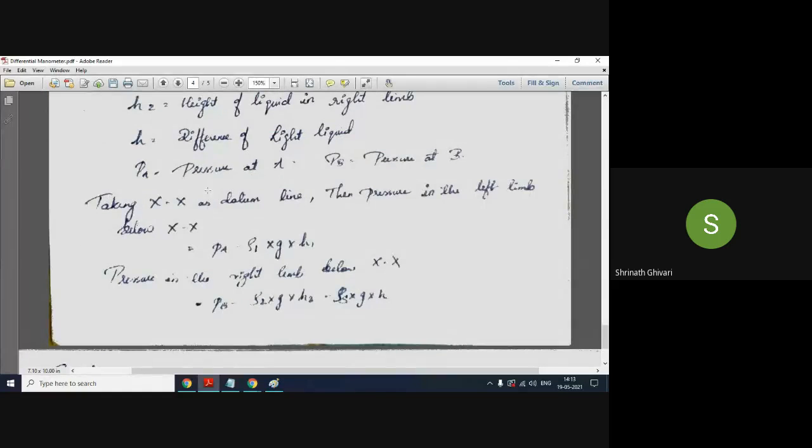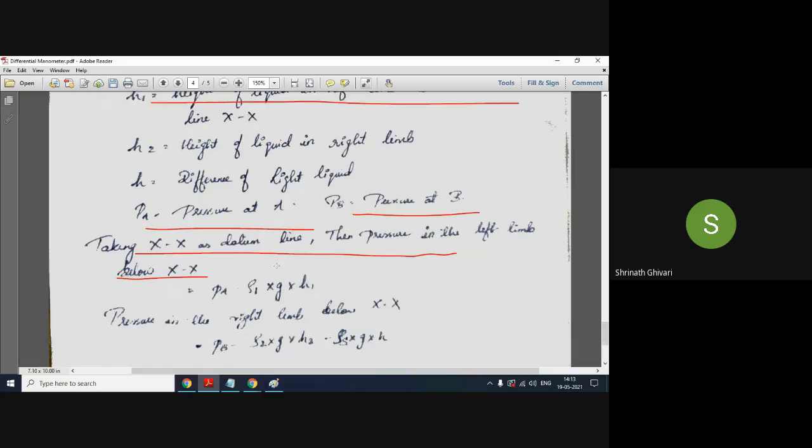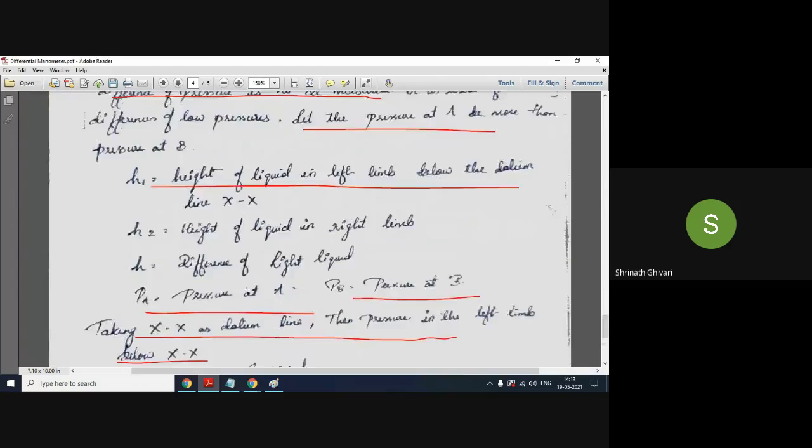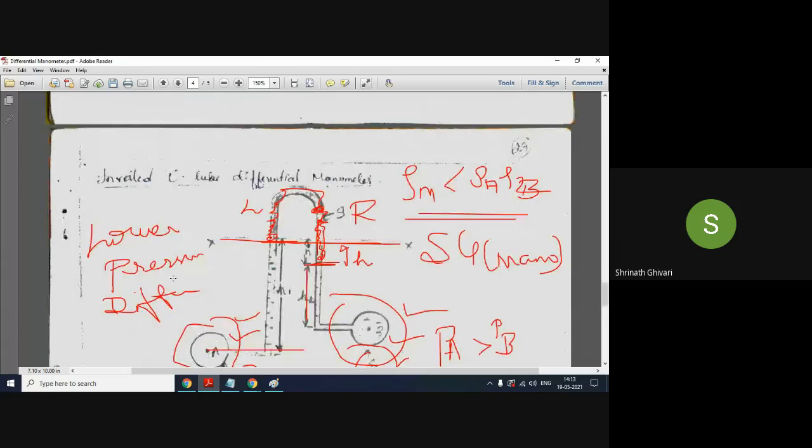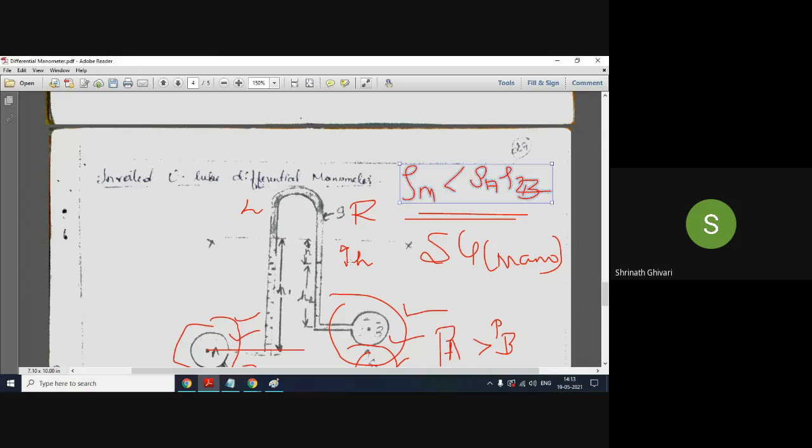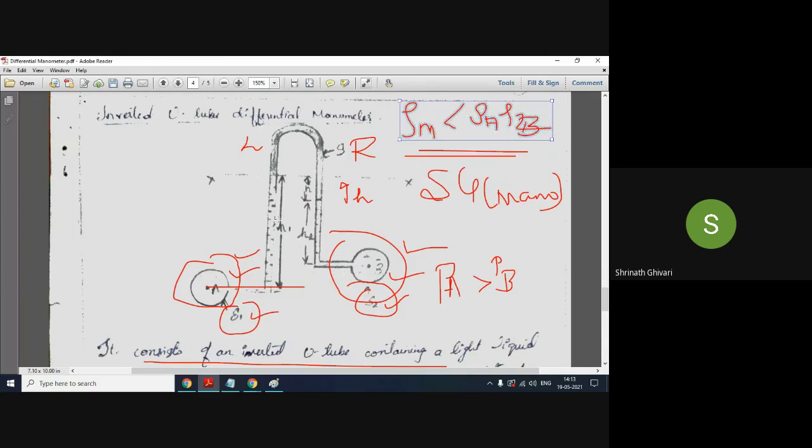Now the pressure at A and the pressure at B. Taking XX as the datum line, in the left limb below XX, how will you calculate it? Actually it is PA minus rho 1 g H1. This is the left column, this is the right column.